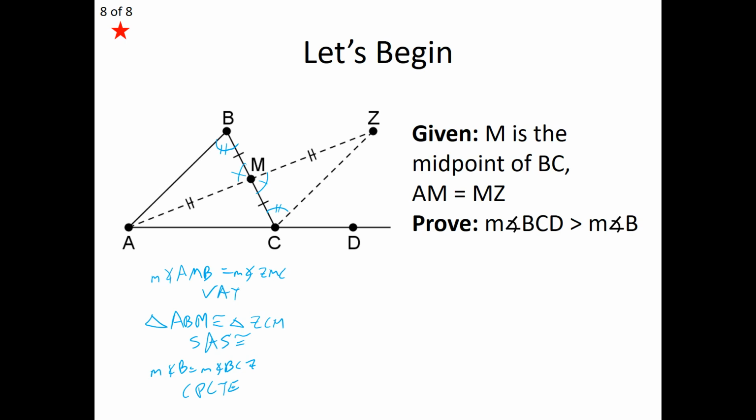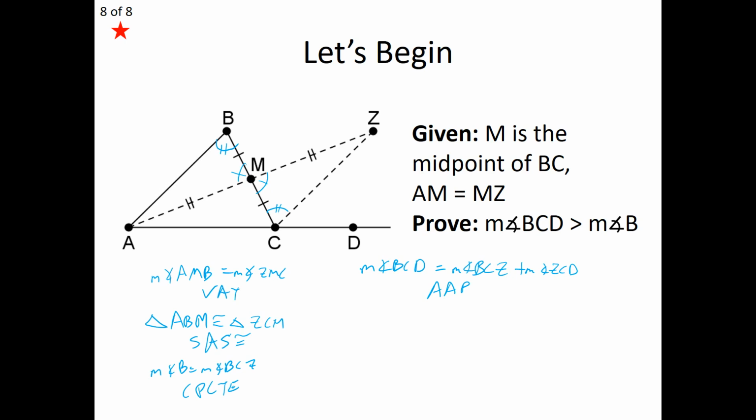Well, let's then take a look at our exterior angle. Our exterior angle, angle BCD, is actually the sum of two angles. Because CZ actually is on the interior of that angle, we find that the measure of angle BCZ plus the measure of angle ZCD equals the total sum of our exterior angle BCD by our angle addition postulate.